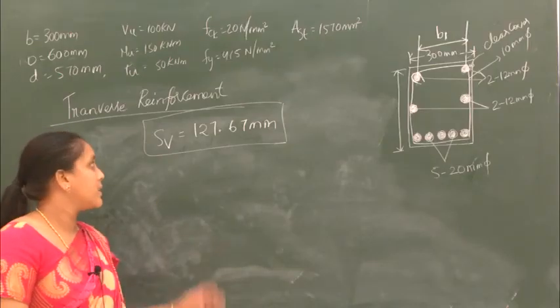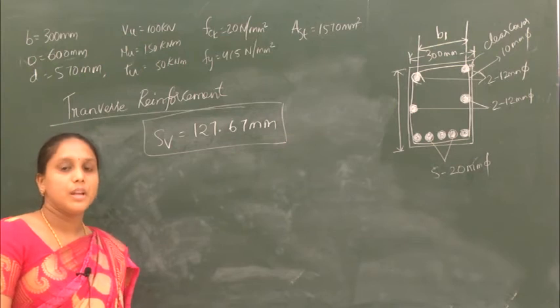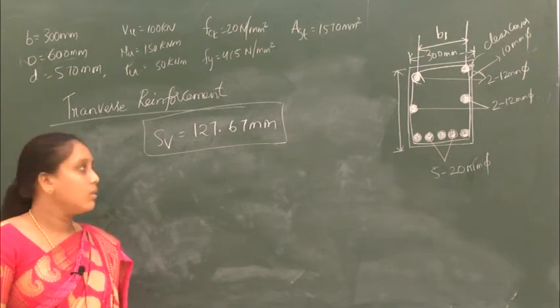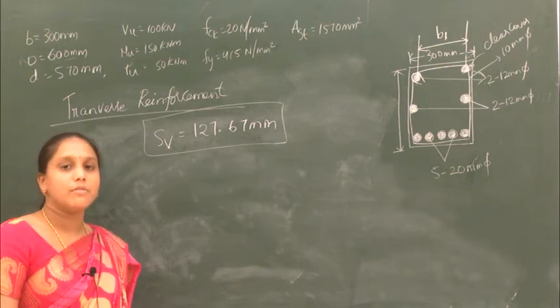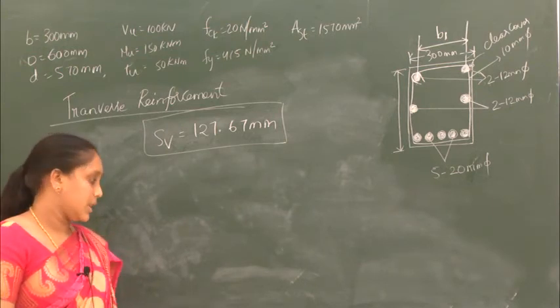Now we have to check for the minimum spacing. Now we have got the spacing as 127.67 mm. So how is the transverse reinforcement provided? The transverse reinforcement is provided in the form of vertical stirrups.